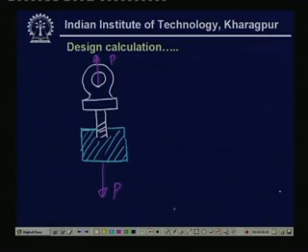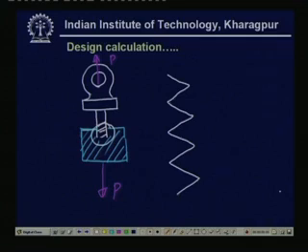Now we see that the force between the nut and the screw, or nut and the bolt, depends on various factors. So let me draw it to scale.